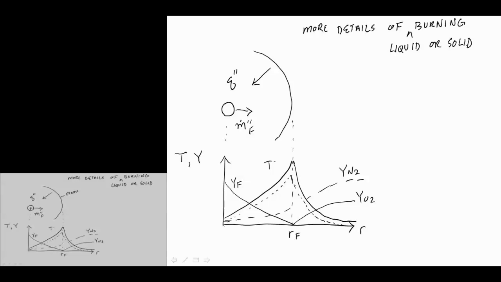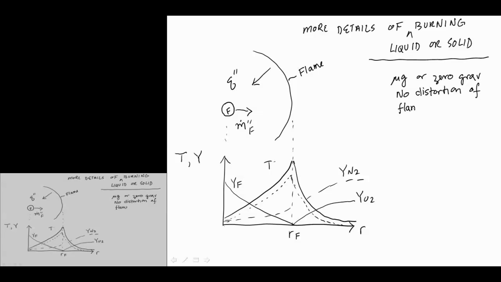Imagine this is in a microgravity environment so that you get a spherical flame around this droplet, so there's no buoyant distortion of it. So whether it's in microgravity or zero gravity, as an idealization, so no buoyant.